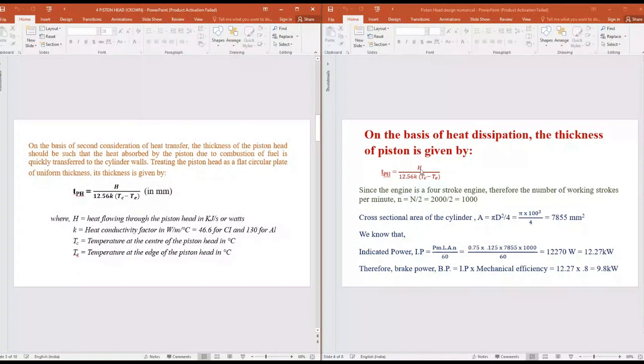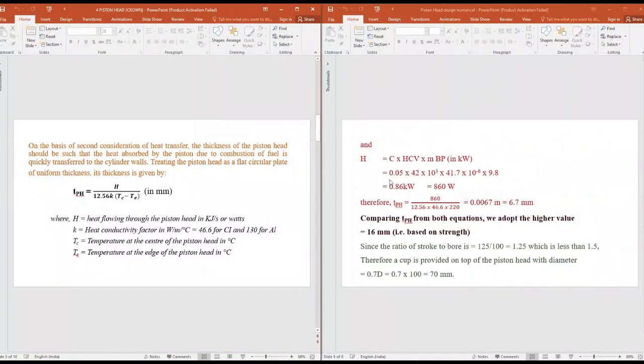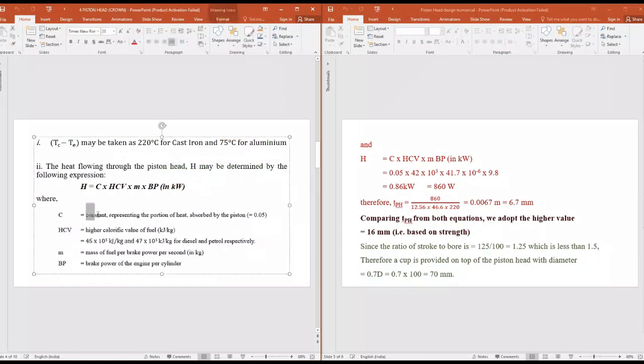Now we have to find out H first. What is H? H is C into HCV into mass into BP in kilowatt.